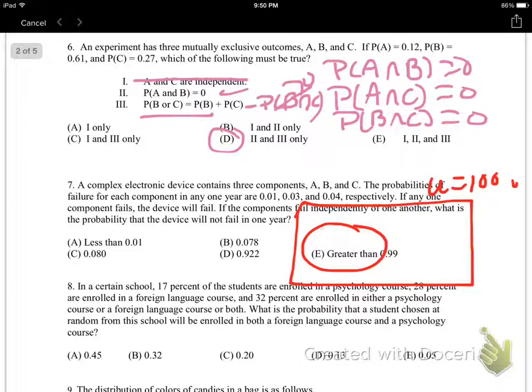All right, so these are the percent of the people in the psychiatry class, and then I got 28 percent of people in a foreign language class. So this is 17, and this is 28. All right, and then they say 32% are enrolled in either a psychiatry class, foreign language, or both.